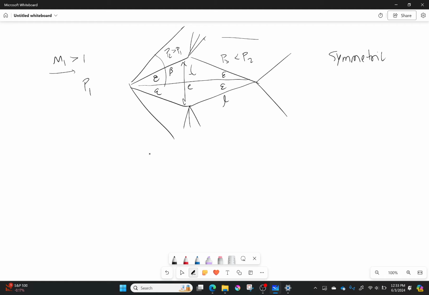So how would we figure out the drag? Well, the drag is going to be equal to 2 times P2 times the length times sine of the angle minus P3 times the length times sine of the angle. That looks good. Yep.